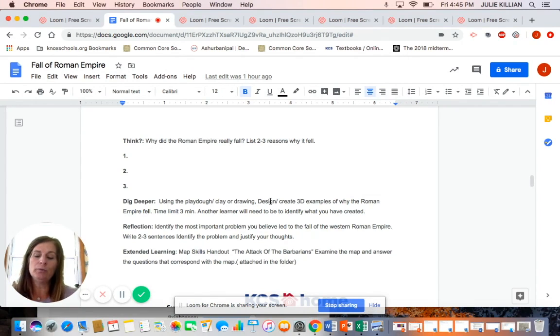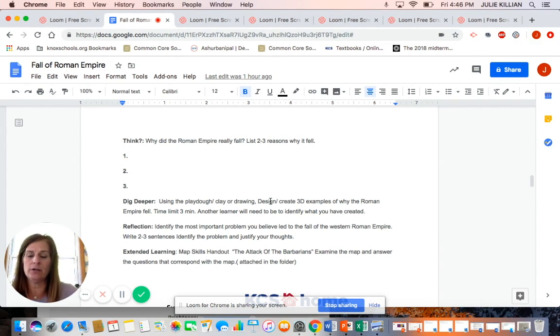Again, you would pull from the graphic organizer that we created earlier. In class, I would give you a 3-minute time limit, and you would use that 3 minutes to create 3 reasons as to why the Roman Empire actually fell. After that 3-minute time limit is up, another learner should be able to identify what you had created.